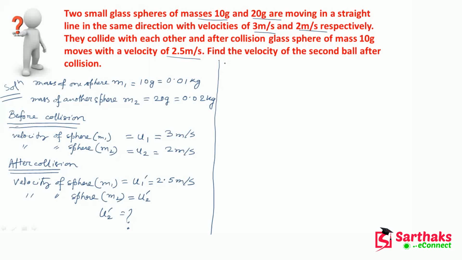Now, the momentum of the first sphere before collision equals m1 u1, which is 0.01 into 3, that equals 0.03.